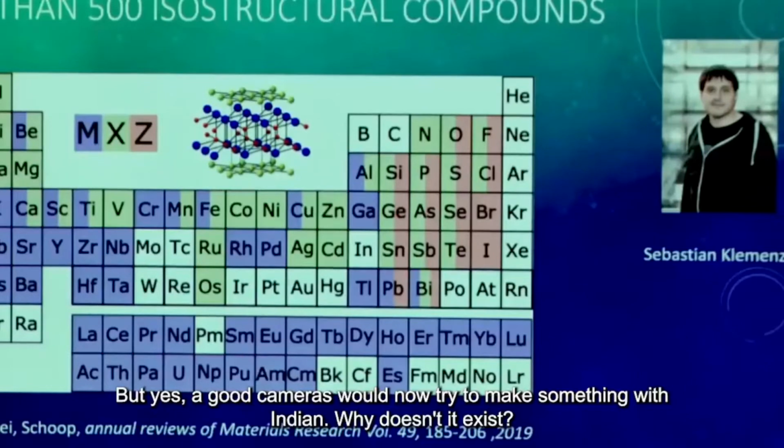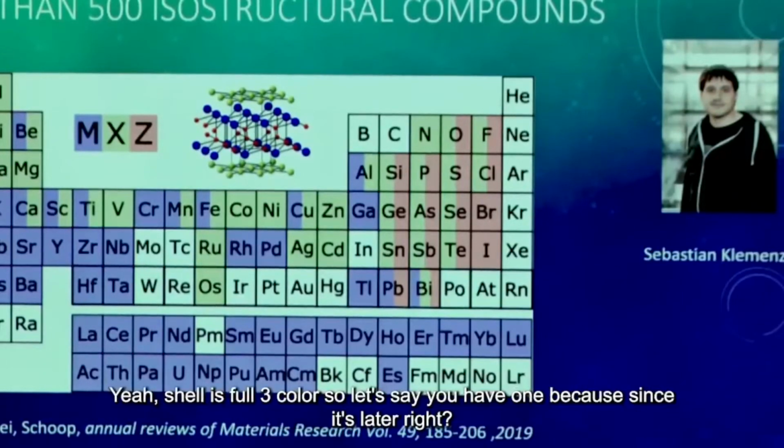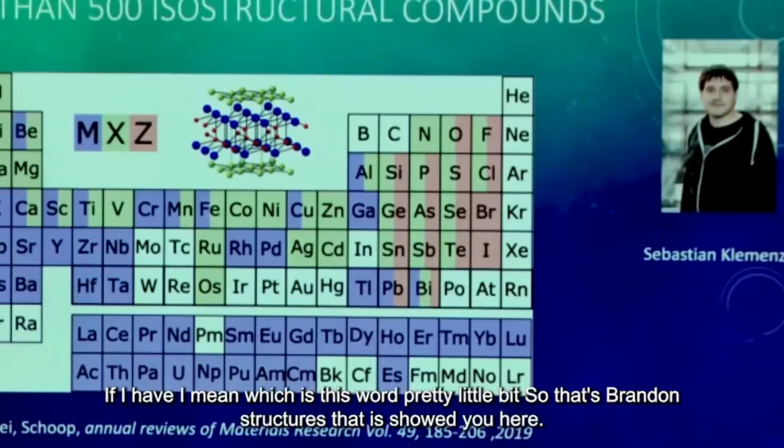Is it really necessary to have all of these 3 colors? So let's say if you have only green and red, because it seems that it's a layer, right? If I have the green, which is the square net, and I remove the blue, you have red as well. Is it possible to get that?